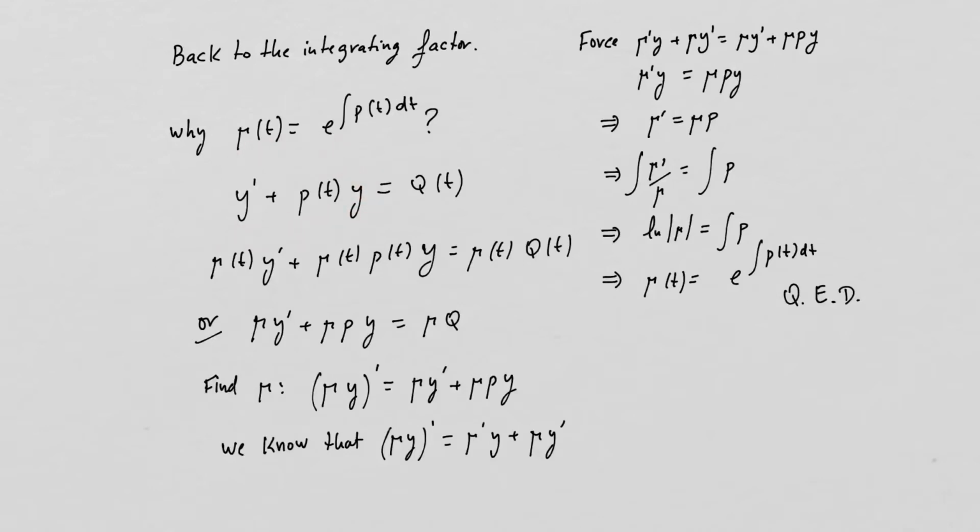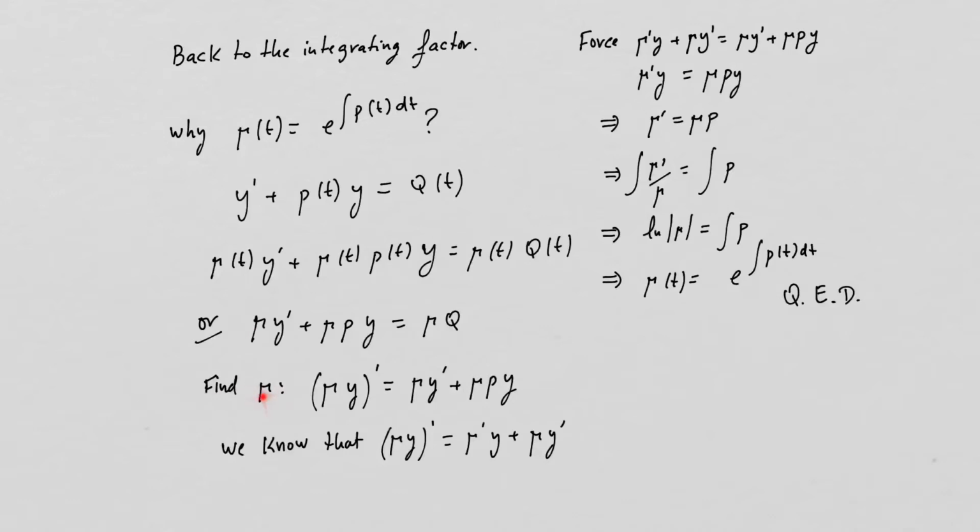So I'm just multiplying by mu of t, and I cleaned up the mess. I'm not going to write mu of t, I'm just going to write mu. Instead of p of t, just write p, and q of t, q. It just looks a little cleaner, okay? So all of these are functions of t. All right, so the question is, find mu.